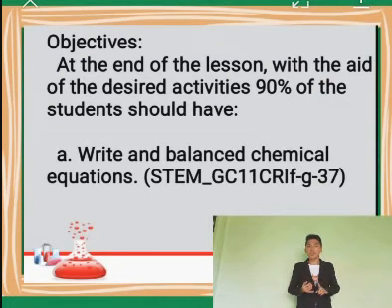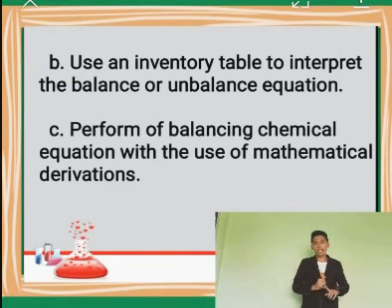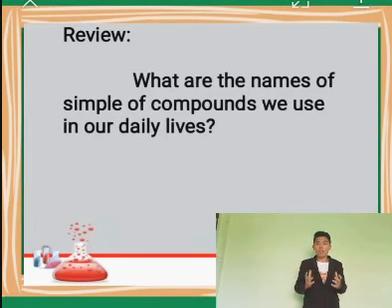The first one is, at the end of the lesson, with the aid of the desired activities, 90% of the students should be able to write balanced chemical equations, B, use an inventory table to interpret the balanced or unbalanced equation, and C, perform balancing of chemical equations with the use of mathematical derivations.